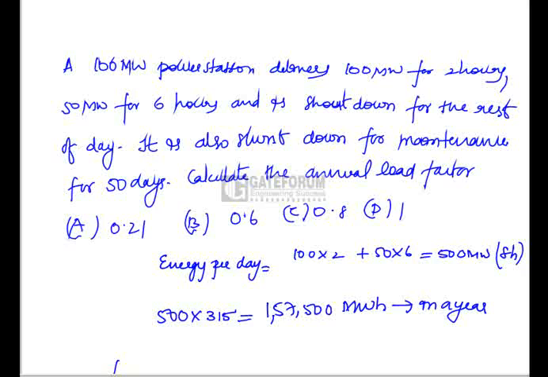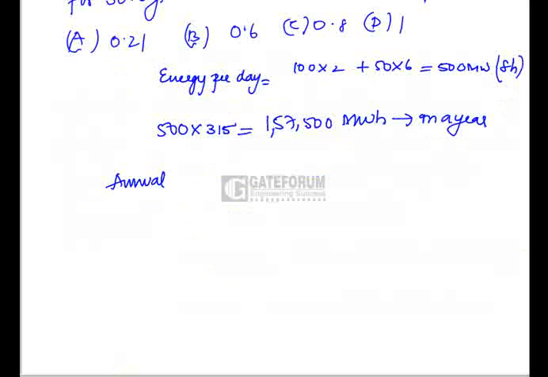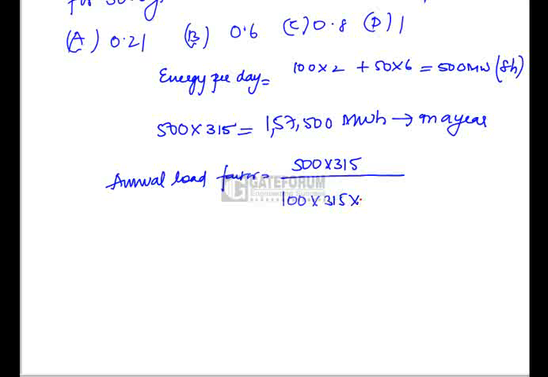Now what is the annual load factor? Annual load factor is equal to energy delivered in a year, that is 500 into 315, divided by 100 into 315 into 24. Now what is this? Which is equal to 0.81.